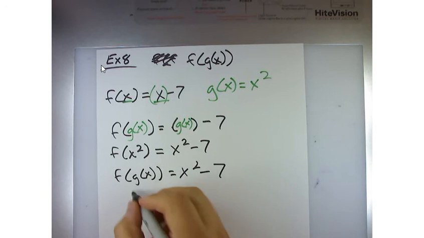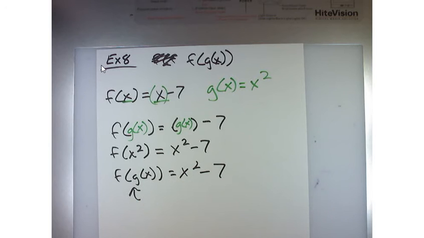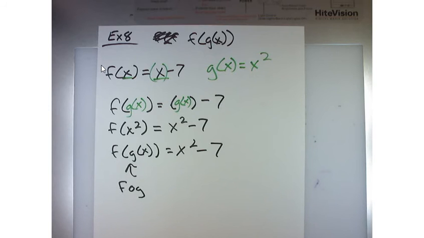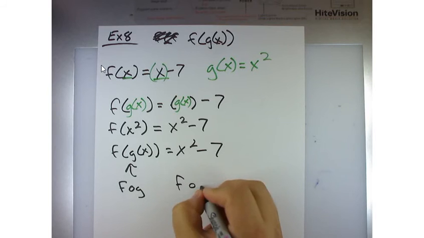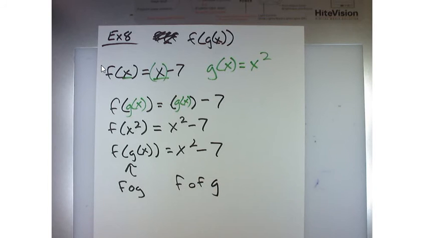And this is written several ways, so let me give you some of the notations. This could be written as f o g. That's how I say it. But really that's shorthand for f of g. And so to see if that's true or not, what we could do is actually pick out a number for x and plug it in.